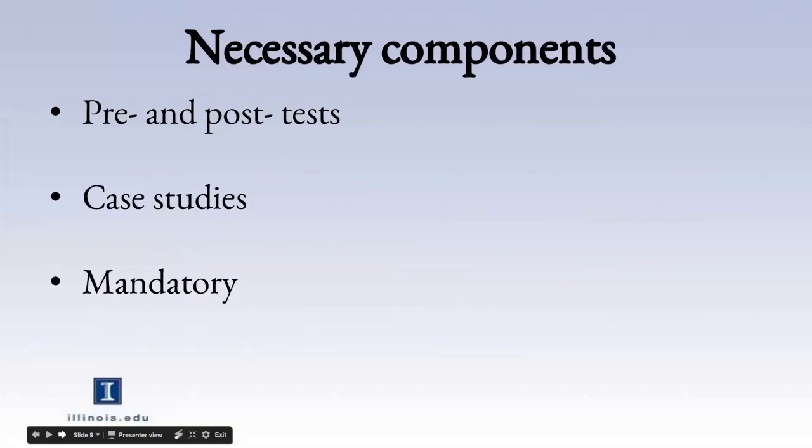So, for example, creating stories in which there is a child who presents with a particular set of symptoms so that module users can work through the knowledge that they've learned and put it into actual practice. We also know from the literature that the modules have to be mandatory, or busy professionals just are not going to make the time to get these modules done. Next slide.